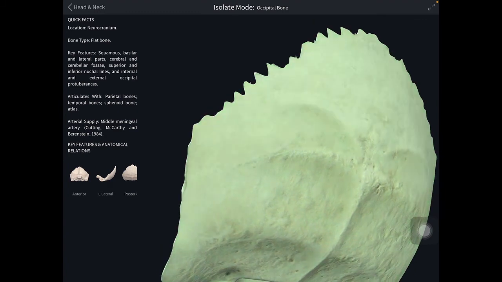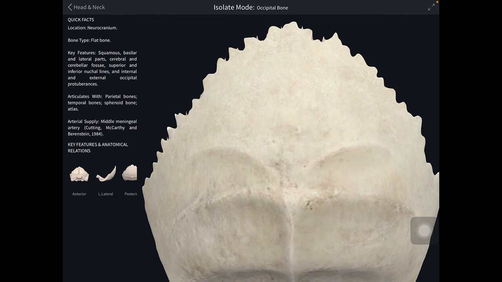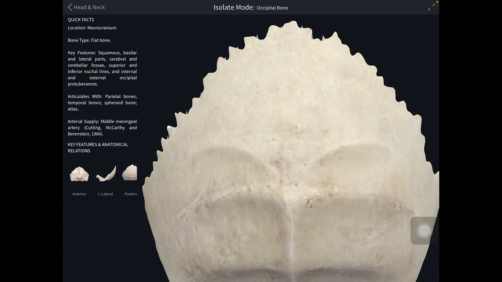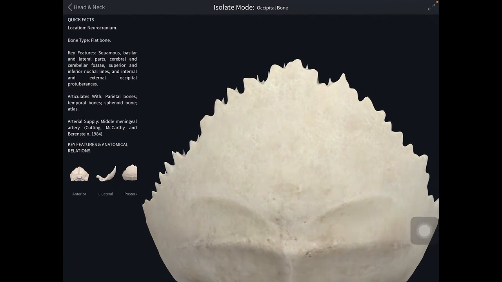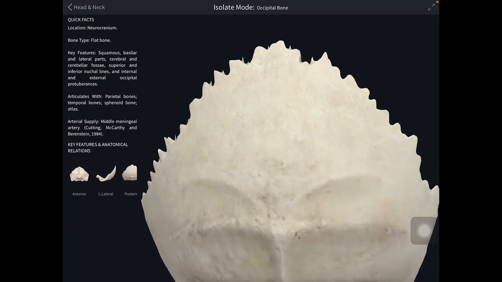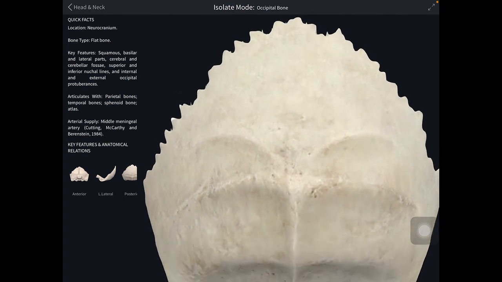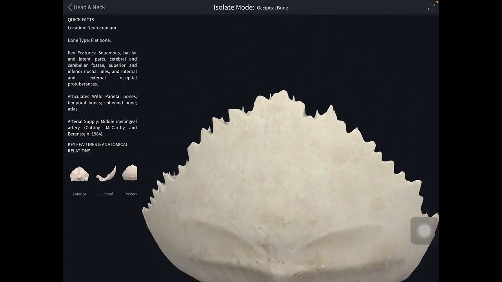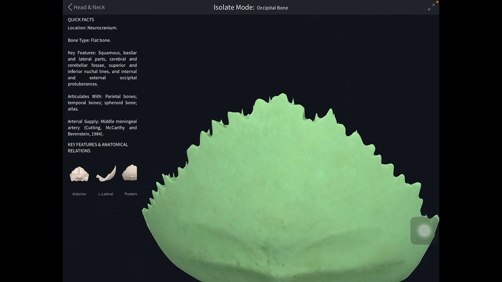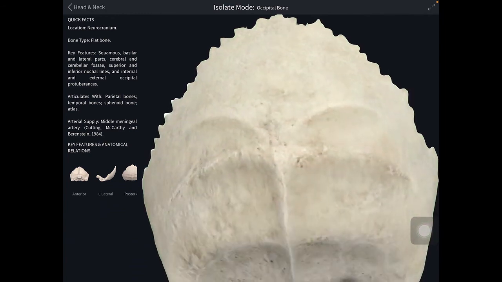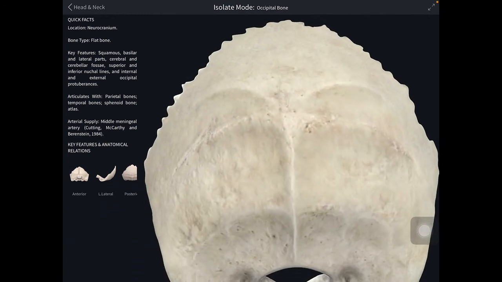The superior nuchal lines form the boundary between the scalp and the neck and divide the squamous part of the bone into the upper planum occipitale and lower planum nuchale. So the part above the superior nuchal line is forming the scalp. Then the part below is related to the neck.